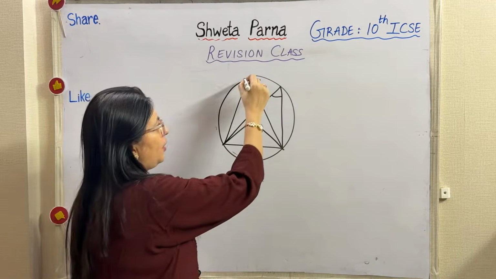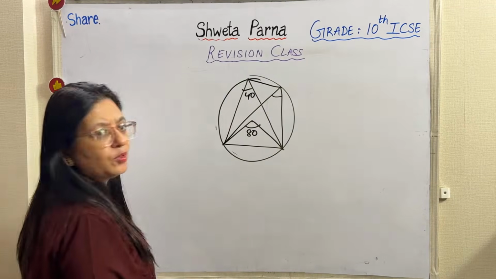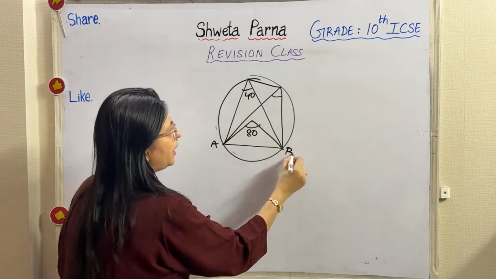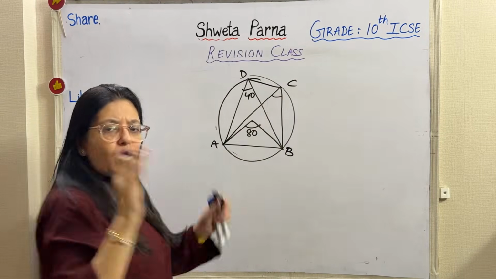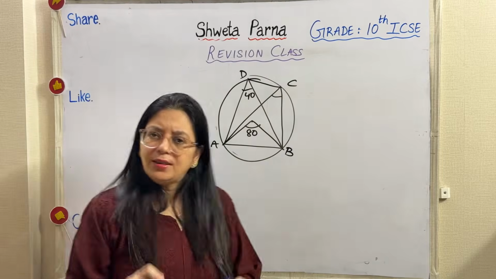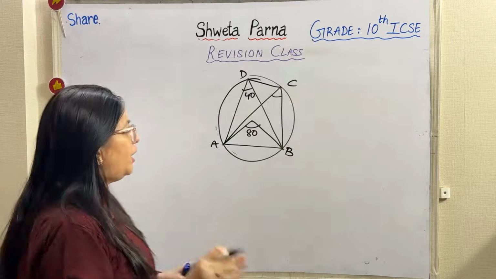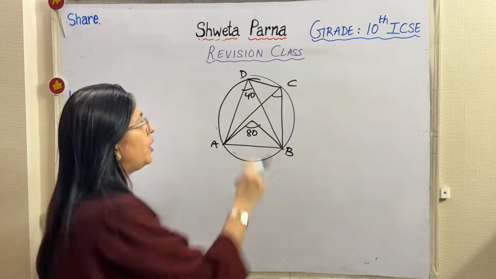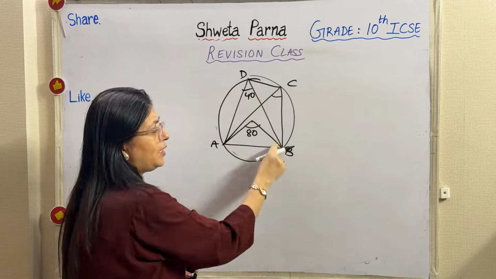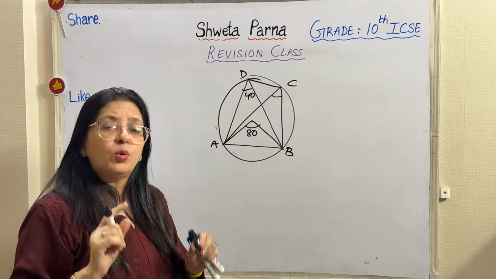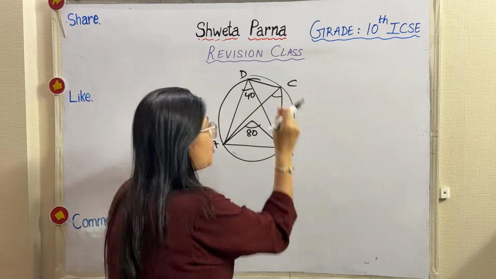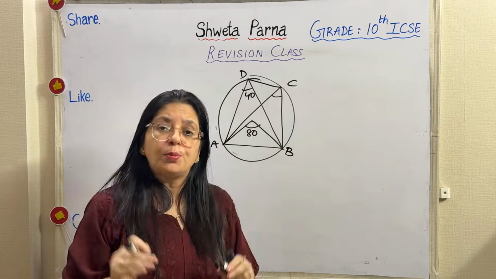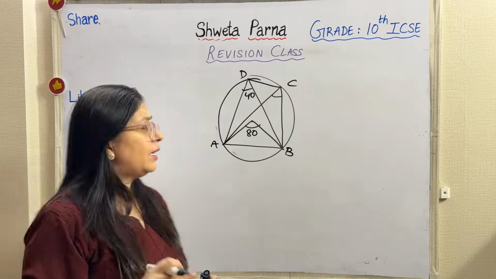Then if I join these 4 points, say A, B, C and D, all these 4 points are on the circle. If they are on the circle, it becomes a cyclic quadrilateral if the sum of the opposite angles is equal to 180, but the 4 points of the quadrilateral should be on the circle. Clear?